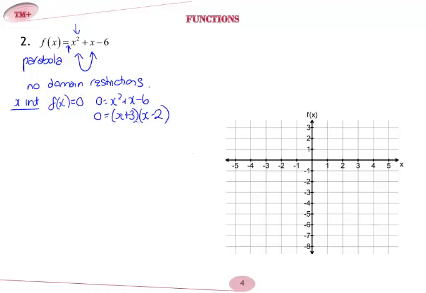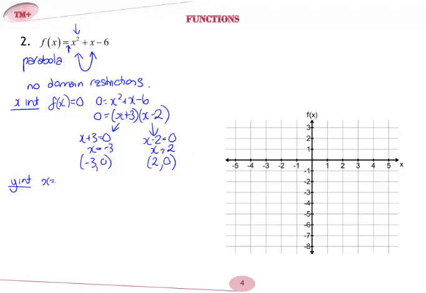You'll know when that expands out, I get x², then -2x plus 3x is x, and 3 times -2 is -6. So x + 3 = 0 gives x = -3, and x - 2 = 0 gives x = 2. So I've got (-3, 0) and (2, 0). You could have done the quadratic formula there. It's up to you.